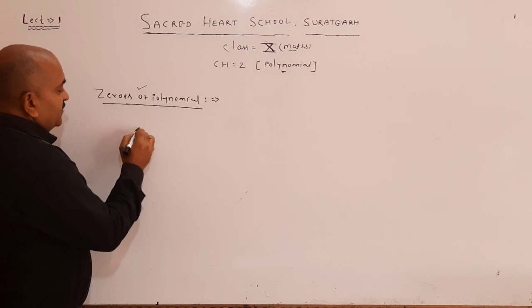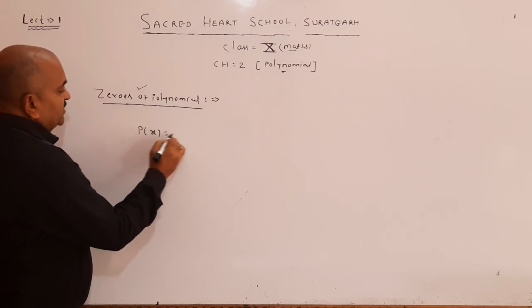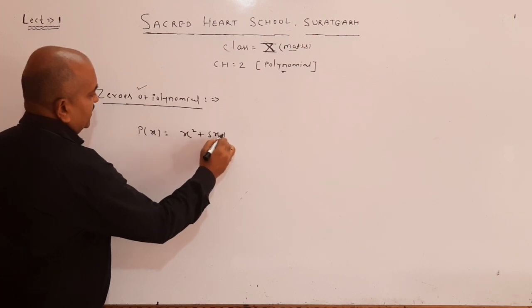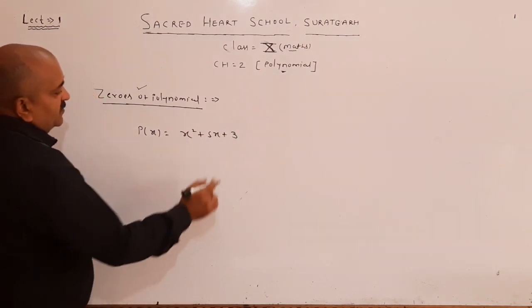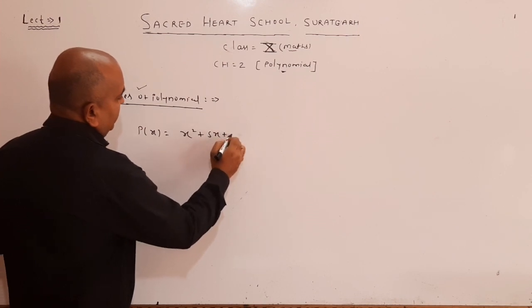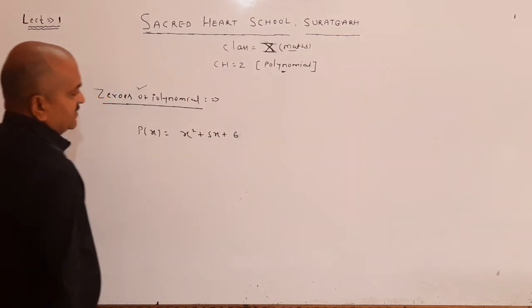Students, suppose a quadratic polynomial is given, x square plus 5x plus 6. Find zeros of the polynomial. p of x equals x square plus 5x plus 6.